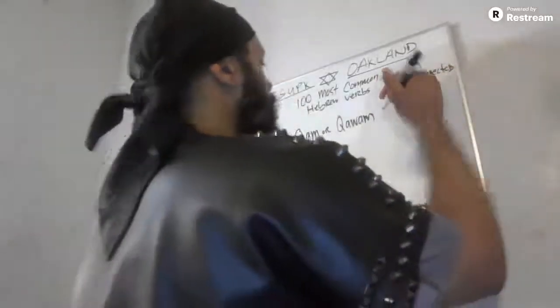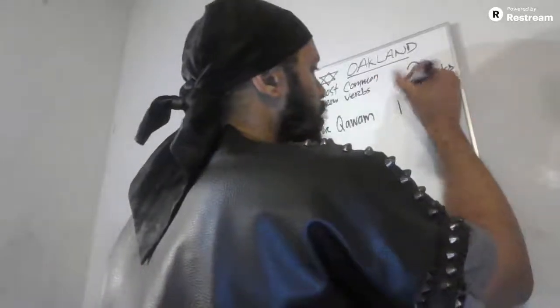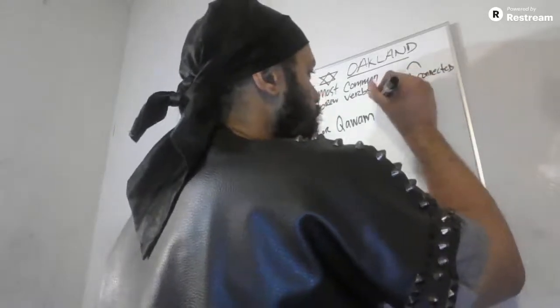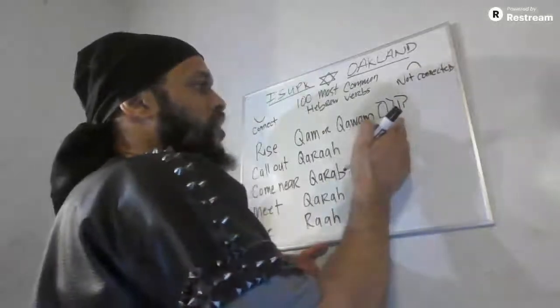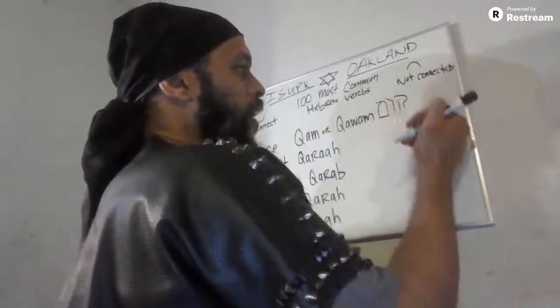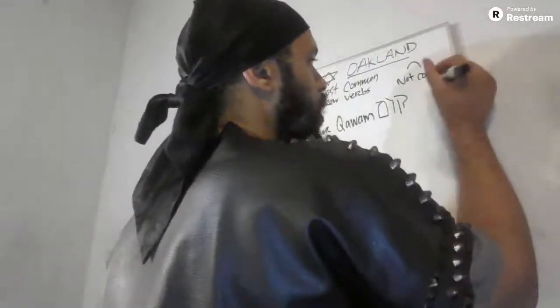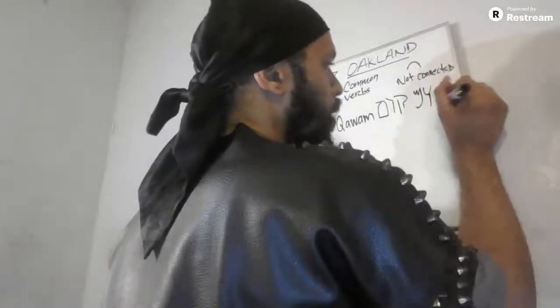So Quam in the Assyrian is going to look like Kawam, which is Quam. All right. In the ancient, it'll be Qua, Wa, Quam.